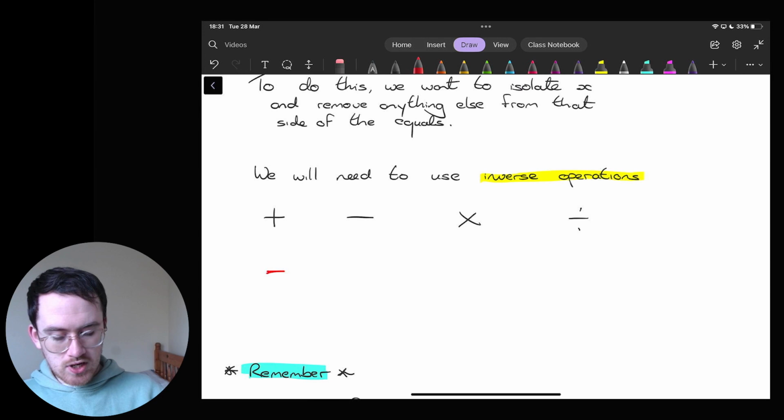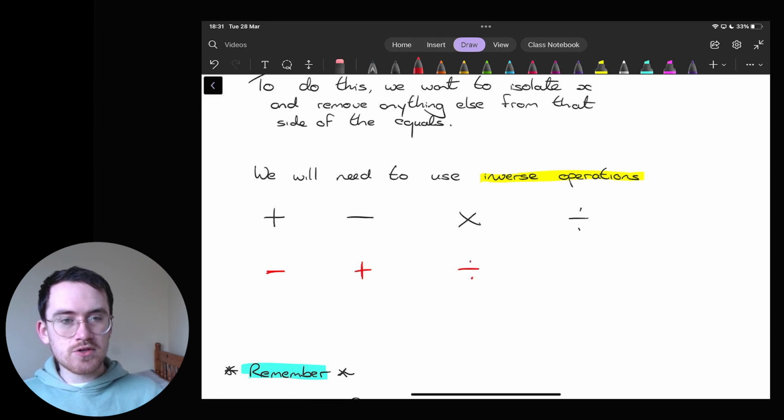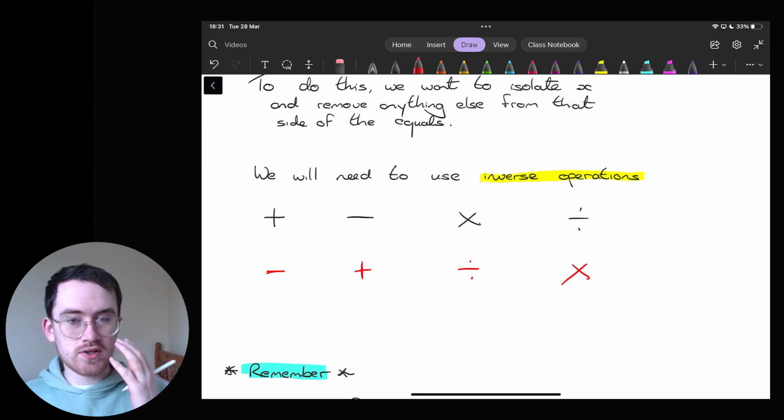The opposite of subtracting is adding. The opposite of multiplying is dividing, and similarly the opposite of dividing is multiplying. That's going to be really important for us in doing these questions. We have to be very clear on, if we see something being added on, what is the opposite of that? What's the inverse operation? How do I undo that?